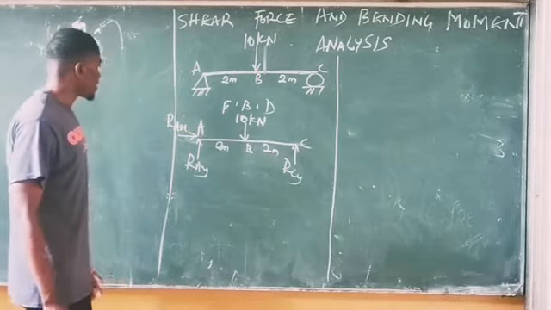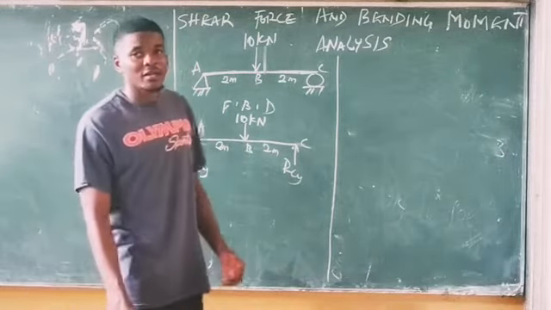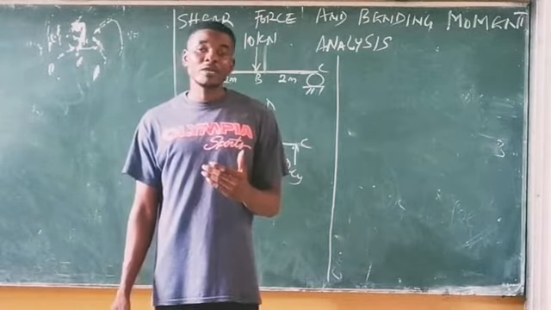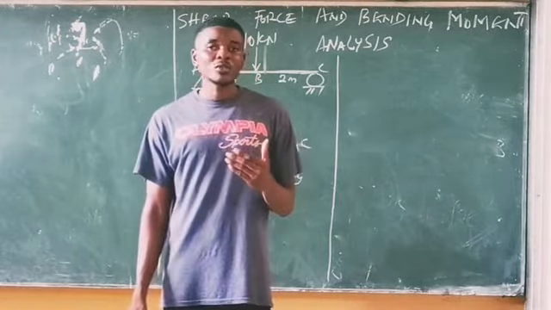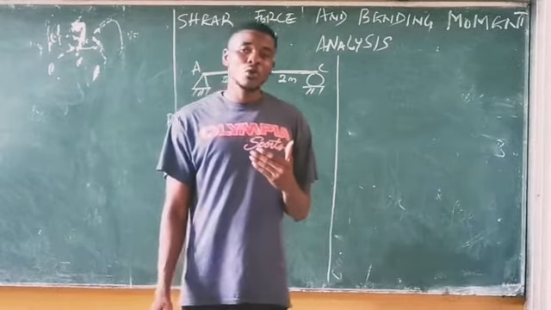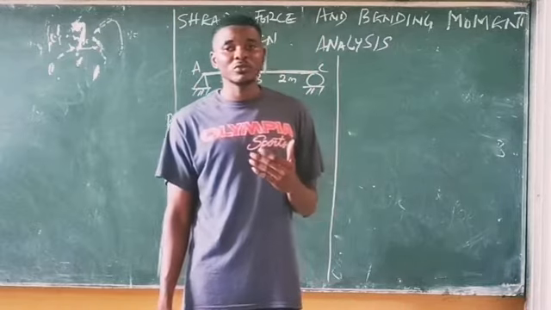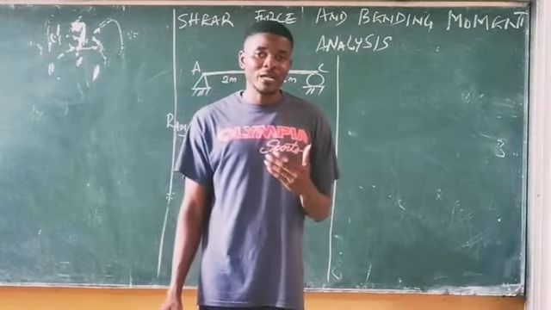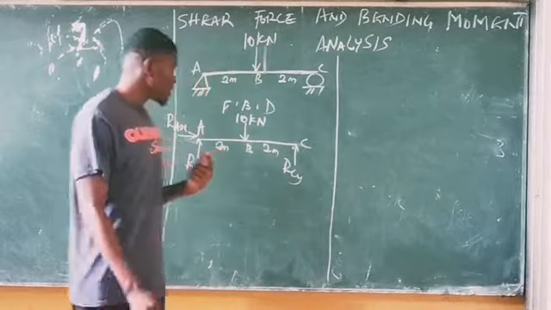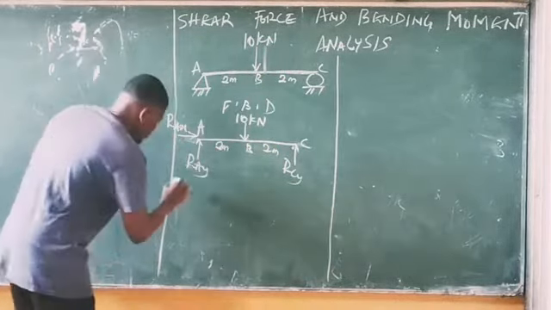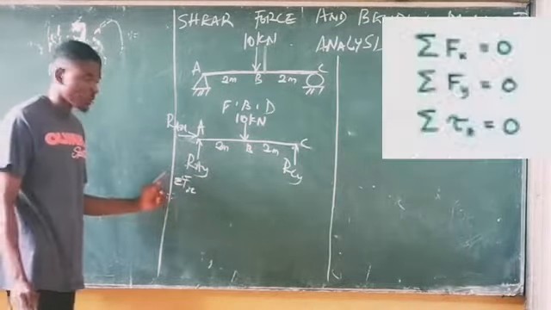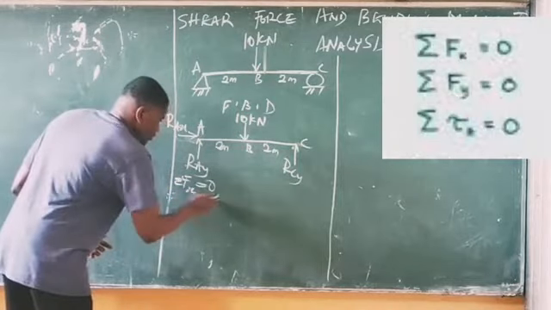Alright, to do this, in the first series of applied techniques, where I talked about two-dimensional force, I talked about what is called the static equilibrium equation. So please do well to go through the first video on 2 dimensions so you can understand it. The static equilibrium equation is simply the summation of force in the horizontal axis, summation Fx is equal to 0.